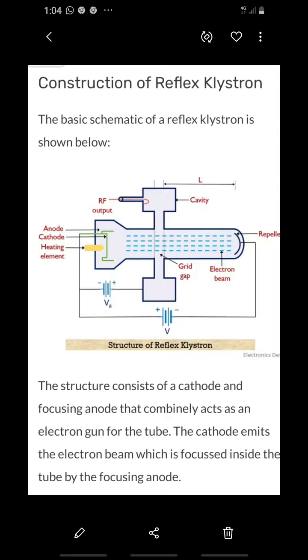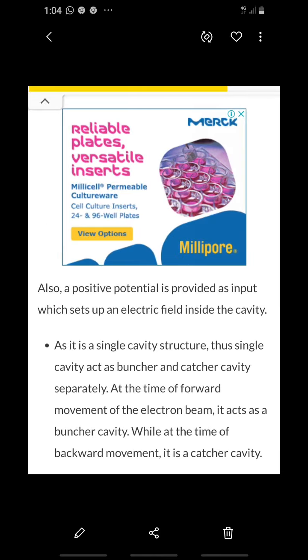The cathode emits the electron beam, which is focused inside the tube by the focusing anode. Also, a positive potential is provided as input, which sets up an electric field inside the cavity.